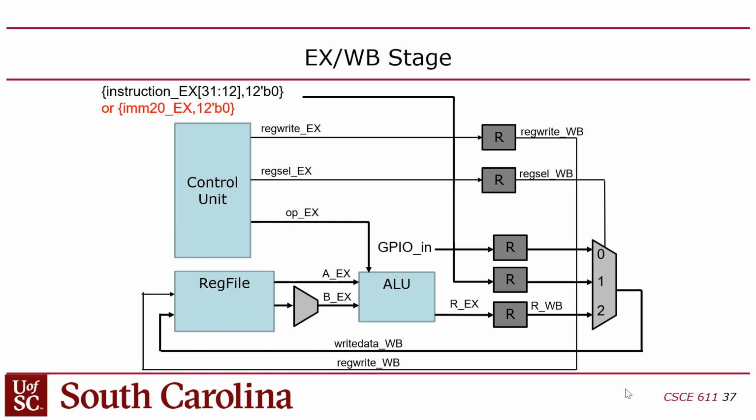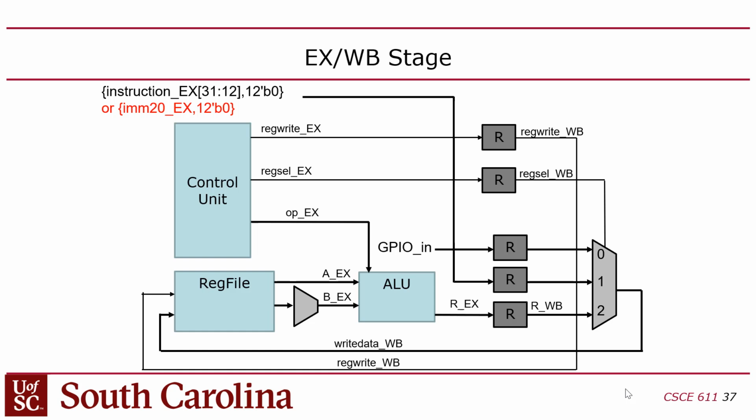So is there a clever way to translate func3 and func7 to the ALU op? Is there some pattern or something? I don't know. Probably. I haven't found it yet. Right? You just have to look up all the function codes and op codes and figure out what the ALU is supposed to be doing during those functions.